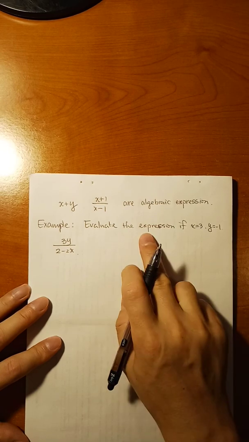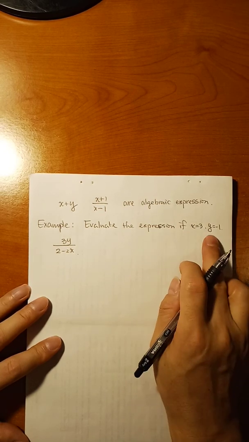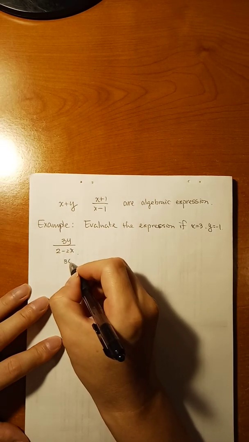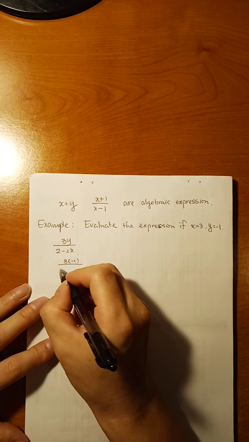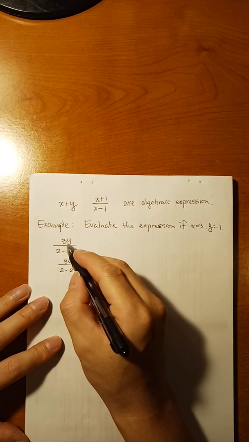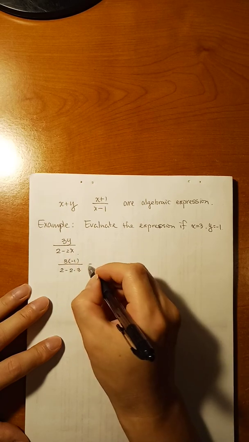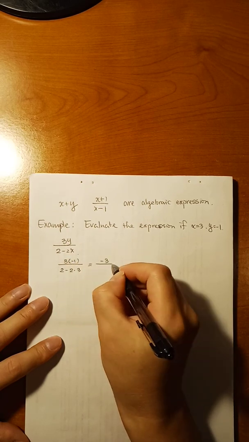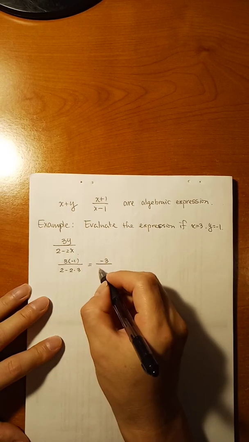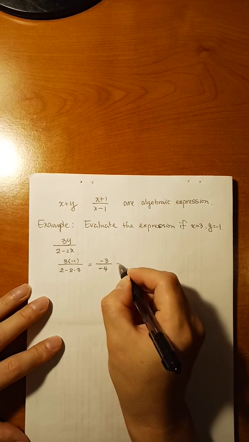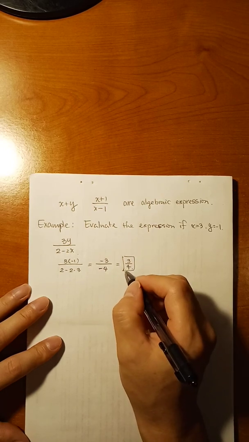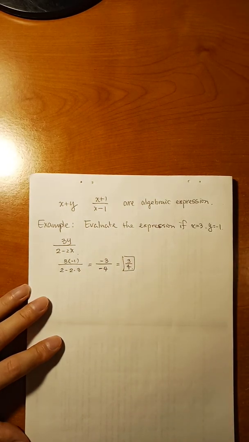If we evaluate the expression with x as 3 and y as negative 1, it means whenever you see y, you put negative 1, and whenever you see x, you put 3. 3y is 3 times negative 1, which is negative 3. 2x is 2 times 3, which is 6. 2 minus 6 is negative 4. Negative 3 over negative 4 is 3 over 4.